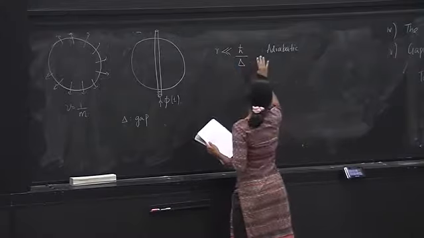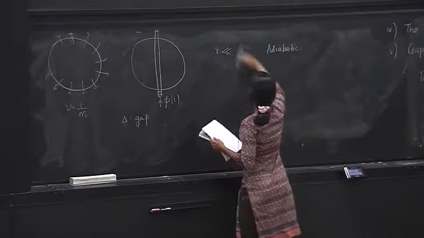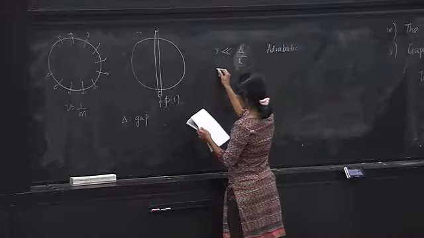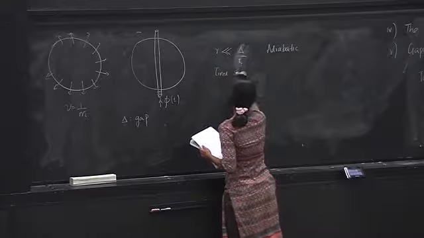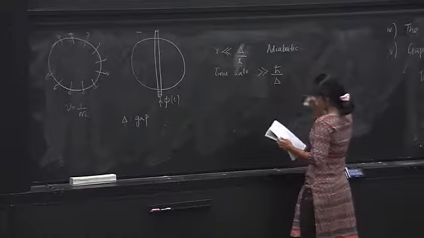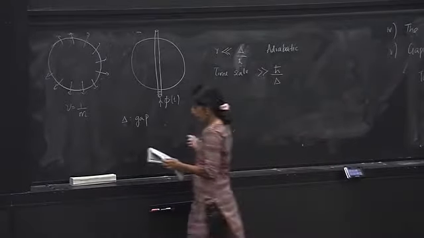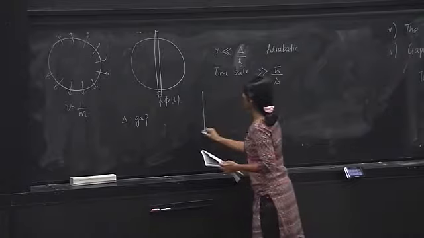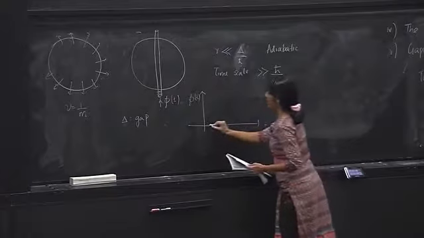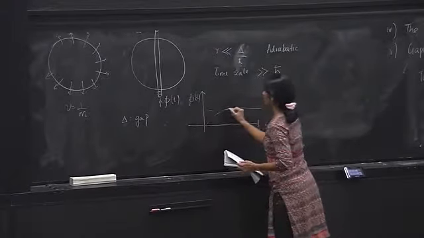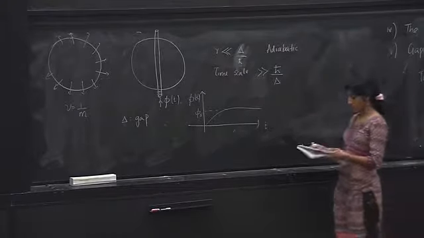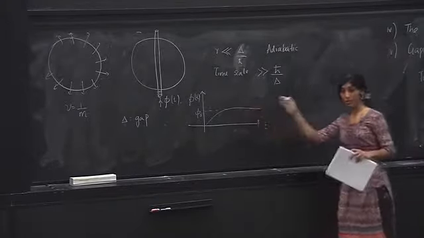So the rate should be smaller than delta over h bar, so that the time you take to do this is much, much bigger than h bar over delta. Okay. And so phi of t, over this really long time scale, is going from 0 to a flux quantum phi 0. That's my experiment.